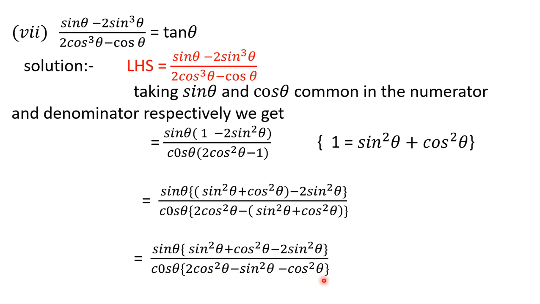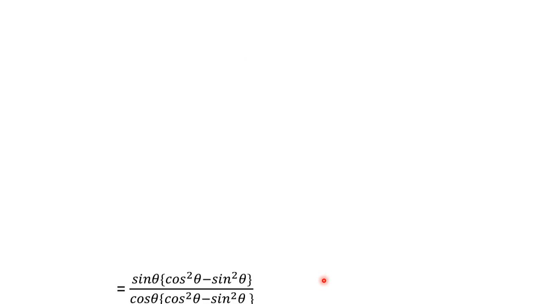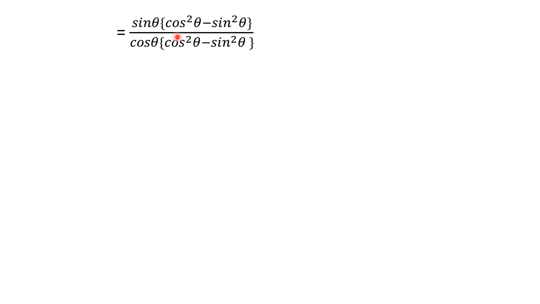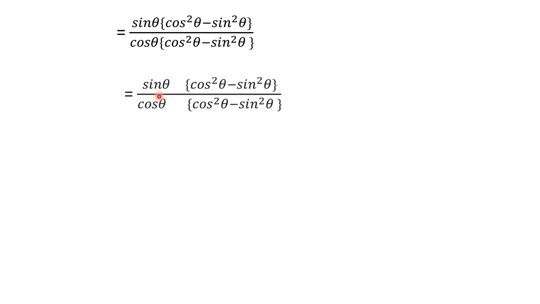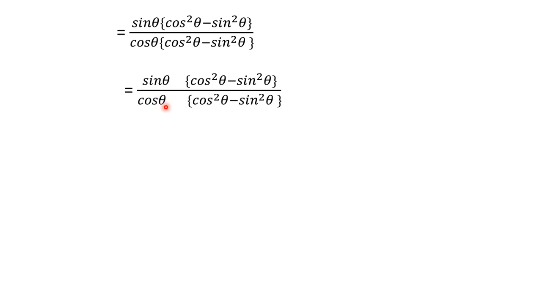So next we get sin theta into cos square theta minus sin square theta upon cos theta into cos square theta minus sin square theta. In the numerator and denominator this quantity, cos square theta minus sin square theta, is the same, so we can cancel it out.